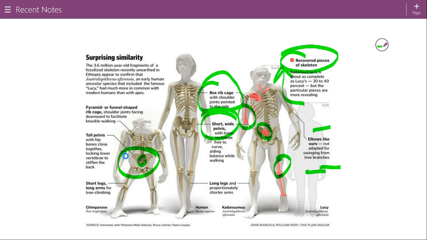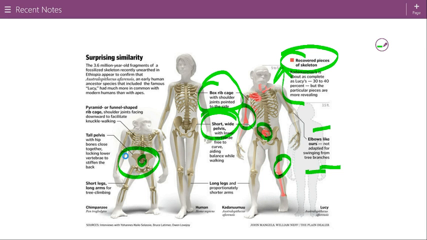It's like when you have a puzzle, but you're missing, clearly, I guess the total number was 60%, because I guess they only found 40% of the bones, is about as complete as Lucy's, 30 to 40%. Okay, so I guess this is a different organism.